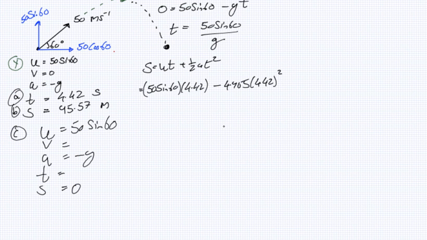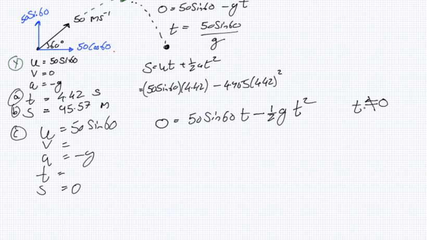So let's see, we're looking for the time of flight. So we'll go with S equals U T plus half a T squared, and we'll not include 0 as an answer for T. T should be a positive number.